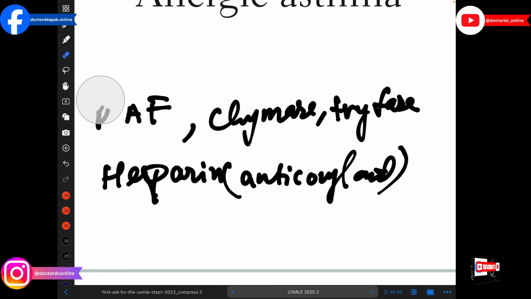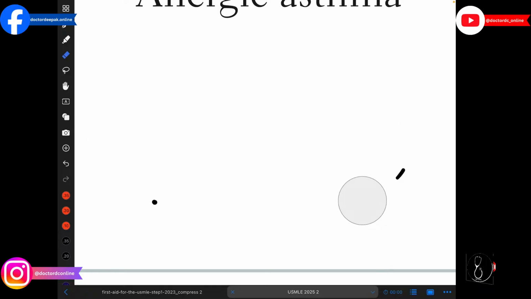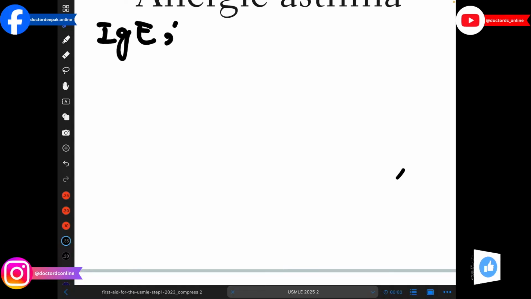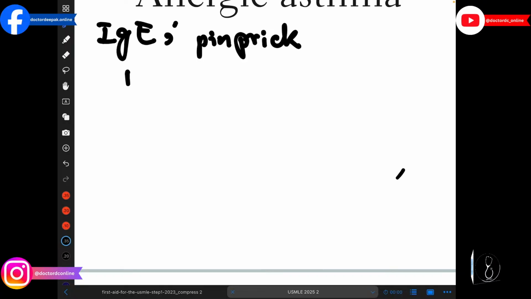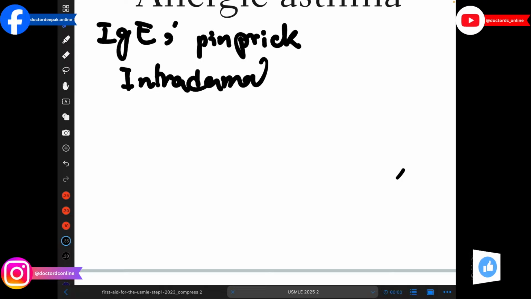For testing for type 1, testing for IgE, we do a puncture of the skin or pinprick, and there can also be an intradermal injection.